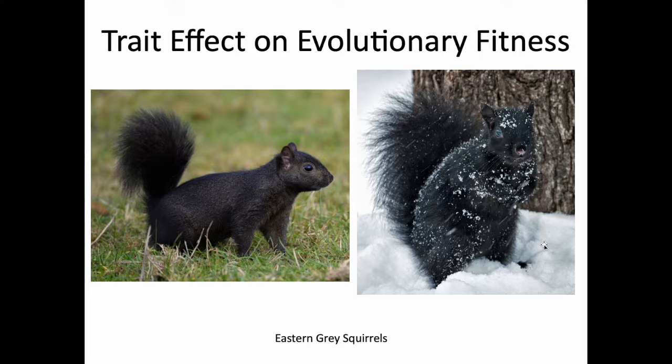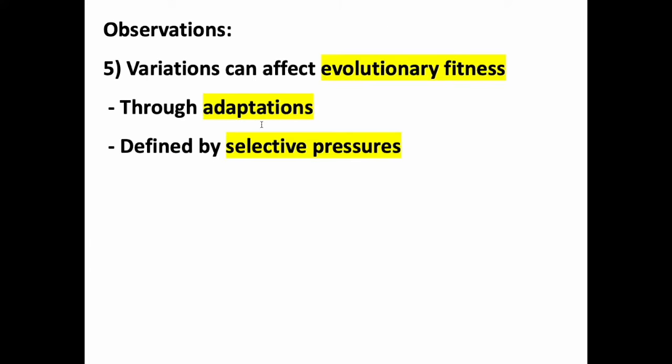You're going to waste less energy keeping yourself warm, which helps in survival of these squirrels during the long, cold winters. And so, under these circumstances, in parts of the world where the winters get very cold for a very long time, having this black coat color allele is an adaptation. It aids in survival and therefore reproduction. You survive the winter, therefore you can reproduce in the spring.